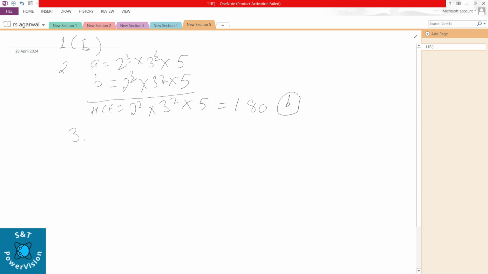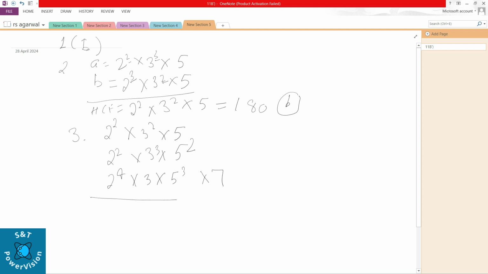Question number 3. Here three numbers are given. One number is 2 square into 3 square into 5, then 2 square into 3 cube into 5 square, and then 2 to the power 4 into 3 into 5 cube into 7.